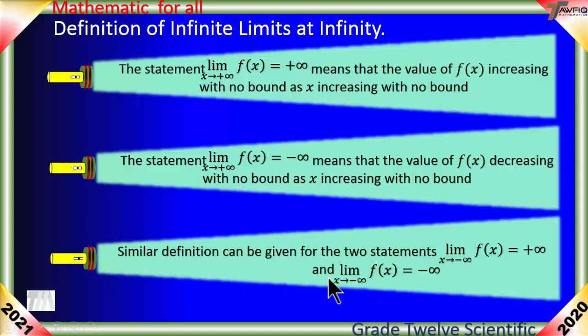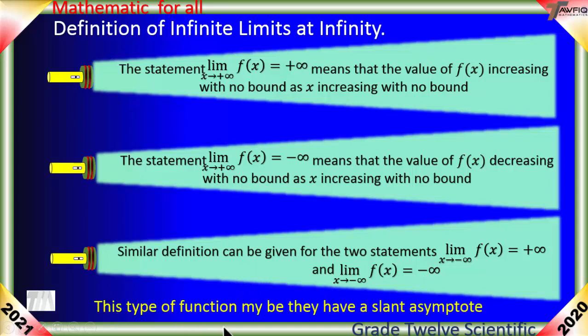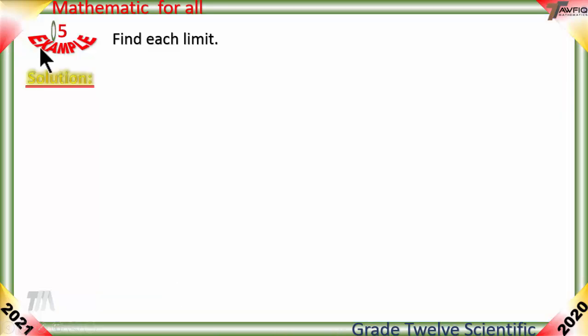The second one: limit as x approaches negative infinity of f(x) equals minus infinity. That means the function f(x) becomes smaller and smaller, or goes to negative infinity, when x approaches negative infinity. This type of function may have a slant asymptote.